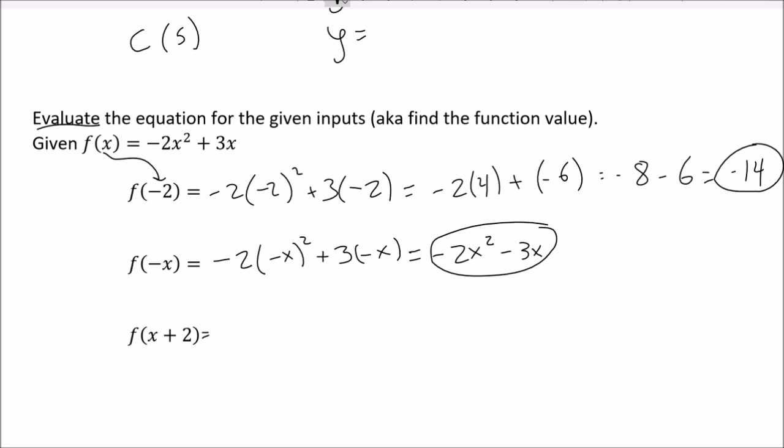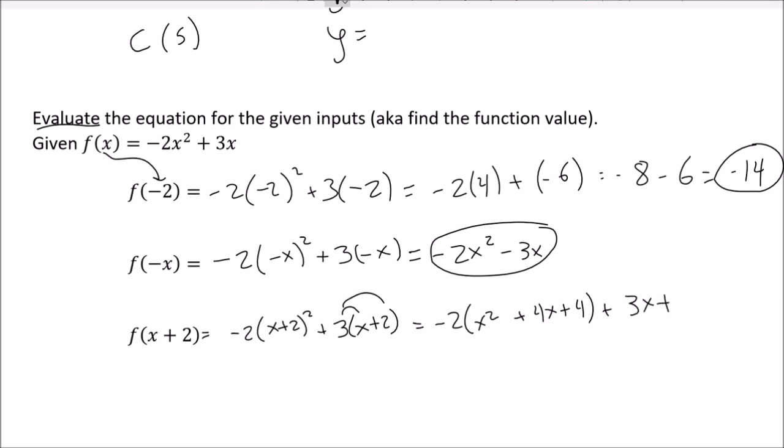What about when you plug in a more interesting expression? We're going to plug in a binomial here. So we get -2 times (x plus 2) squared plus 3 times (x plus 2). We'll have to do a little bit of simplification. I'm going to do x plus 2 times itself, which gives x squared plus 4x plus 4. Then I'm going to distribute the 3 right here, so I get 3x plus 6.